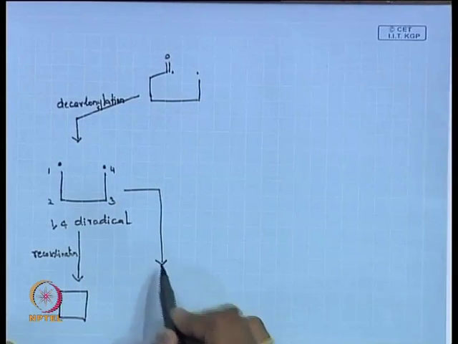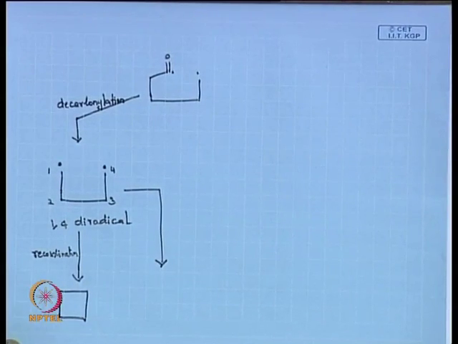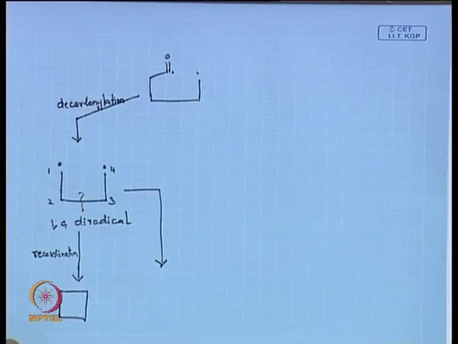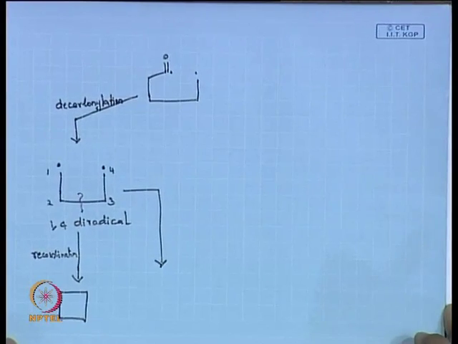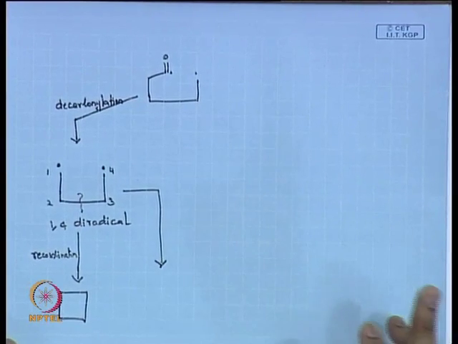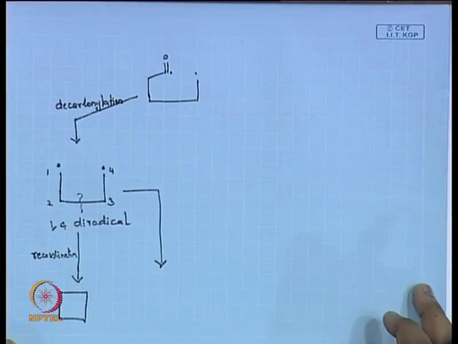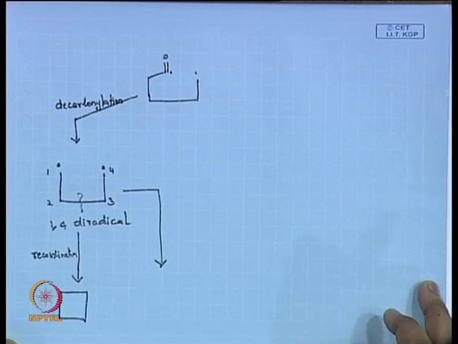Another important thing of the 1,4 diradical system is your cleavage, okay, your beta cleavage. That happens very fast in 1,4 diradical, that you cannot see in 1,5 diradical systems. 1,5 diradical system undergoes intramolecular hydrogen abstractions. 1,4 does not do that most of the time, it undergoes cleavage.